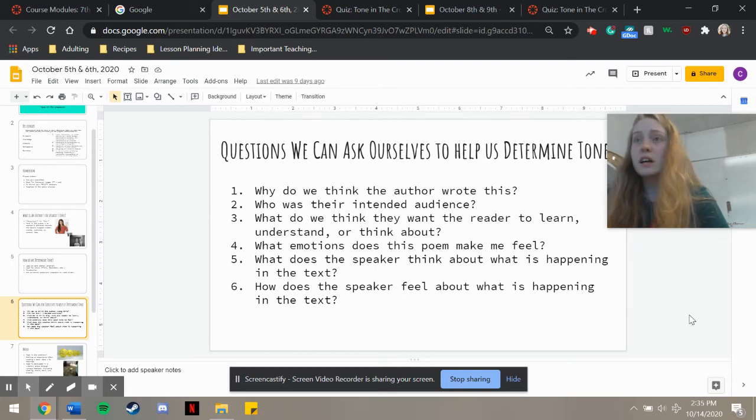What are they trying to tell us with this poem? What emotions does this poem make me feel? A fifth question, what does the speaker think about what is happening in the text? And the last question is, how does the speaker feel about what is happening in the text? Asking these questions and answering them will often help us understand what the tone of a specific passage or poem is.